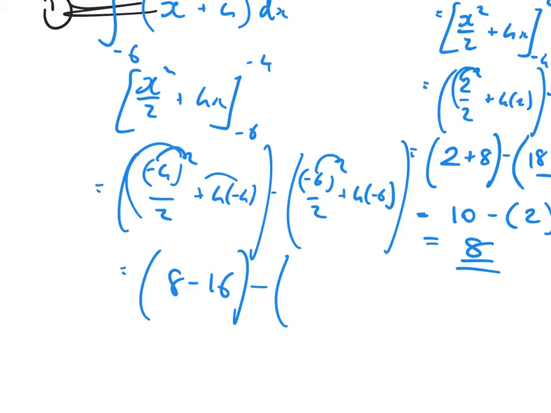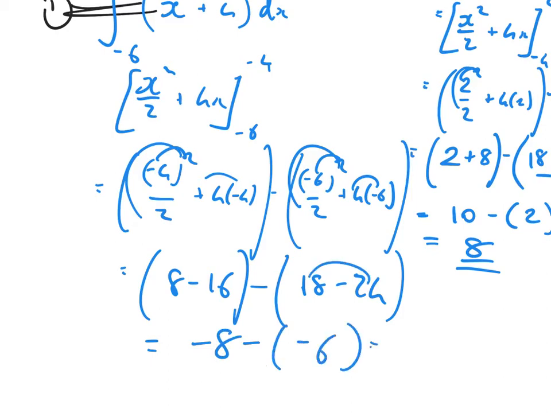Minus open up, -6 squared is 36, 36 divided by 2 is 18, 4 times -6 is -24. So 8 take away 16 is -8, minus 18 take away 24 is -6. So that's -8 plus 6, which is -2.